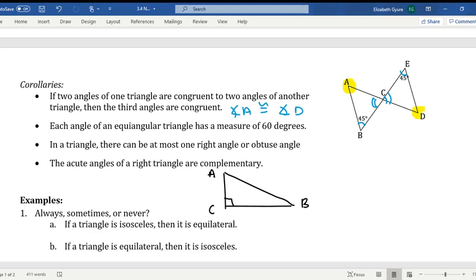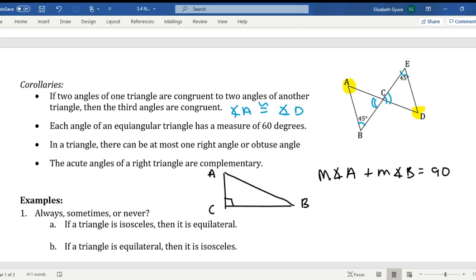So if the sum is 180 and one angle is already 90, what's 180 minus 90? 90. So wouldn't the other 2 angles have to add to be 90 degrees? That's what this corollary is saying. If angle C is already 90 degrees, then all that's left in your triangle is an additional 90 degrees. So the measure of angle A plus the measure of angle B would have to be 90, which means that they're complementary. Okay.